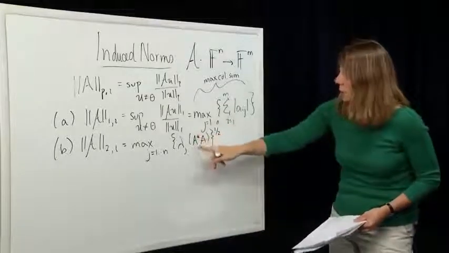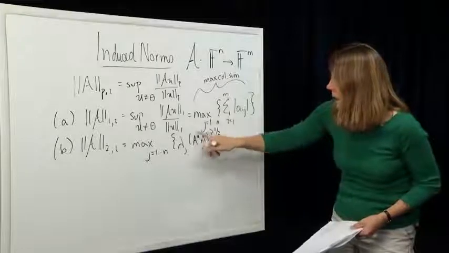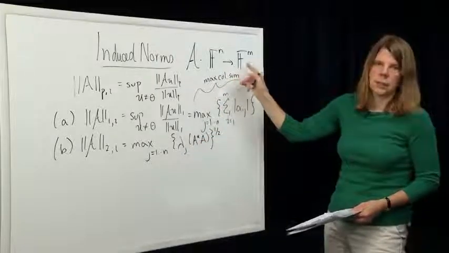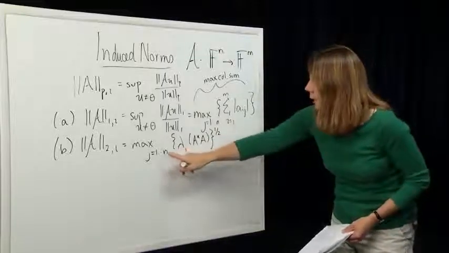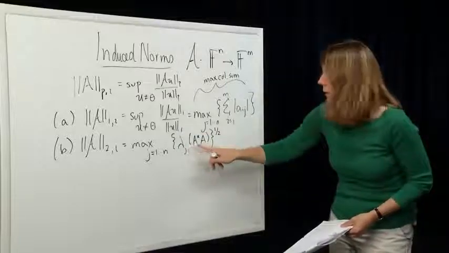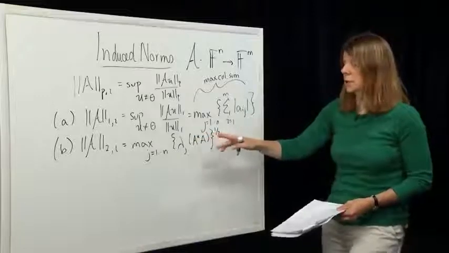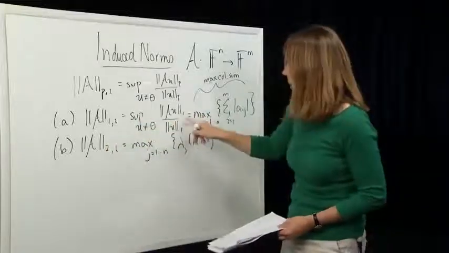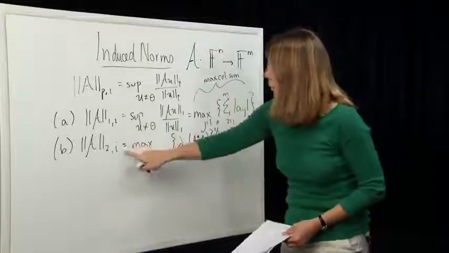Okay, so this product here means the conjugate transpose of A times A, so we have a matrix product. We note that A is not a square matrix in general, but A star A is a square matrix. So we're looking at the square root of the maximum eigenvalue of the matrix A star A. And it turns out that the induced two norm, if you use this definition with these replaced by 2's, is equal to that maximum. So again, that requires proof.